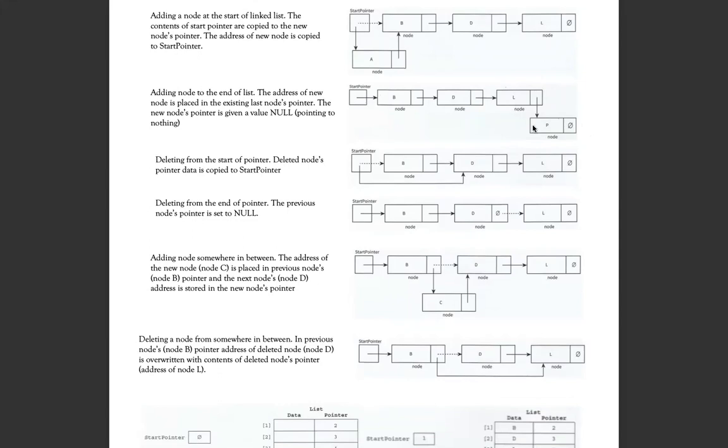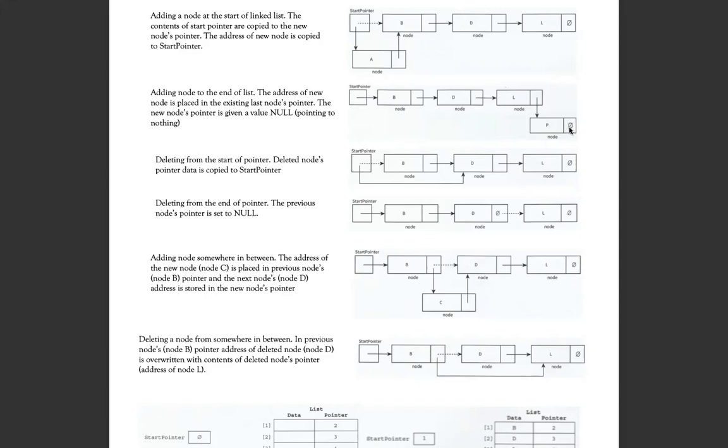Now, since I'm adding a new node to it, say this is again index position 4, or call it 5. It doesn't matter. So let's just say this is the fifth node right here. This is the fifth index position of my array of nodes. And according to the data, it should be at the end. So what I do is first of all remove the null from this pointer position, because this node is no longer the last node.